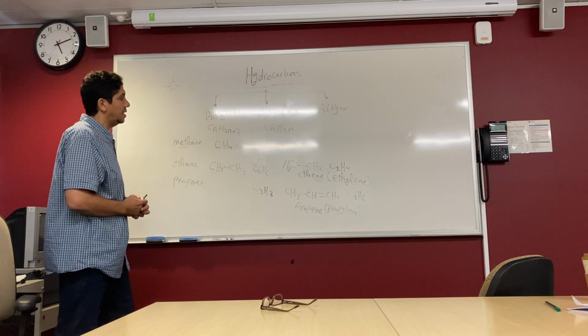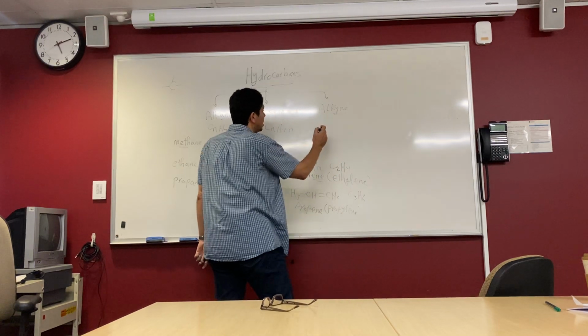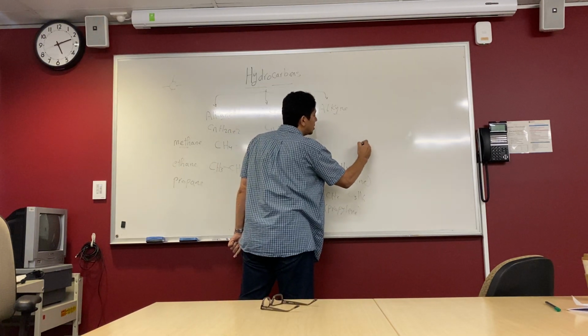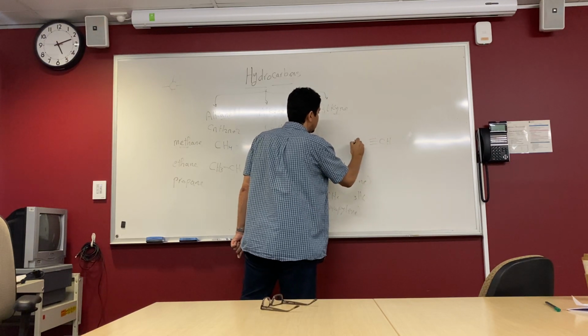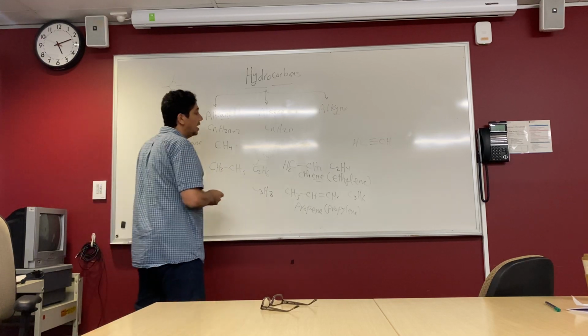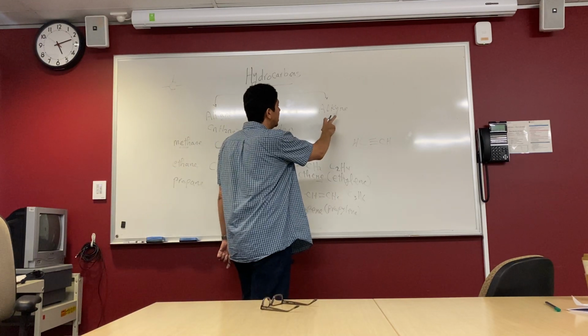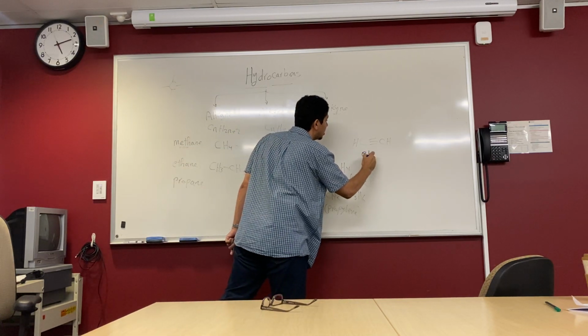The third class is called alkyne, and it also starts with a member with 2 carbons. We replace A-N-E with Y-N-E, so we call it ethyne.